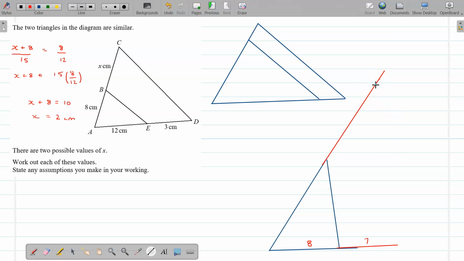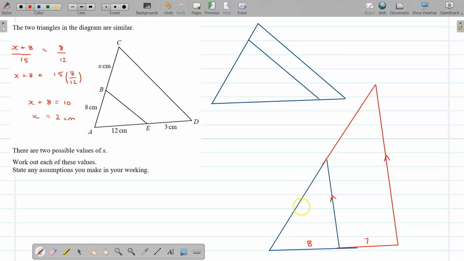So if I make this parallel with this, like that, I'll put little arrows on to show that these two are parallel. So that one is parallel with that one, and this line here was originally of length 8 plus x. If I take that out of the way, that was originally 8 plus x, so it still is 8 plus x, but obviously with a different x.